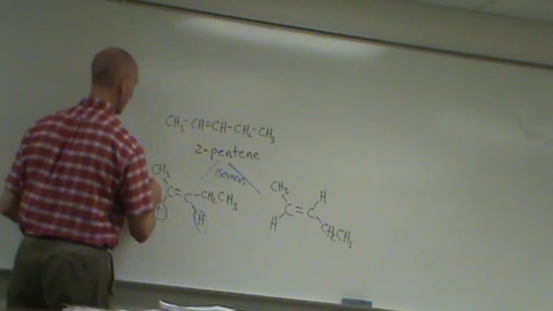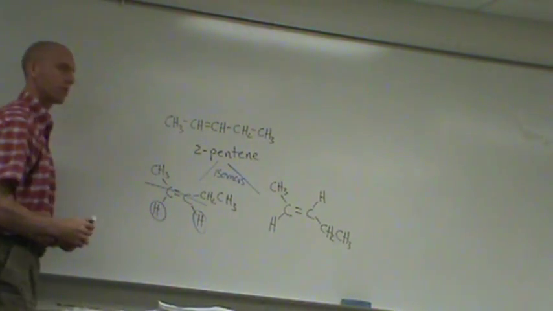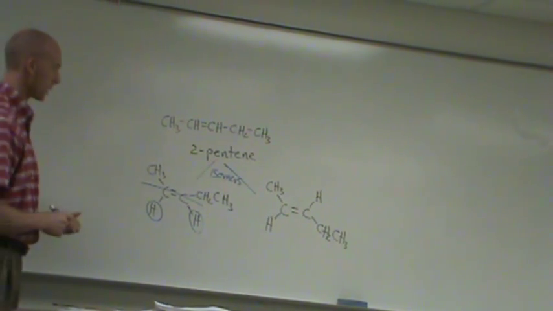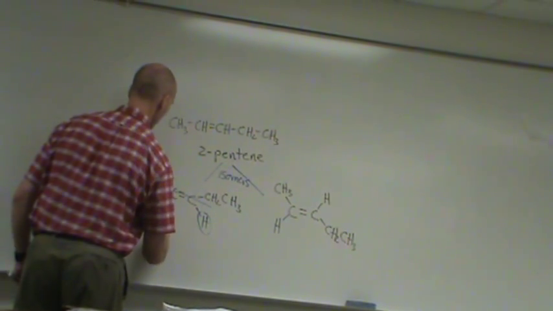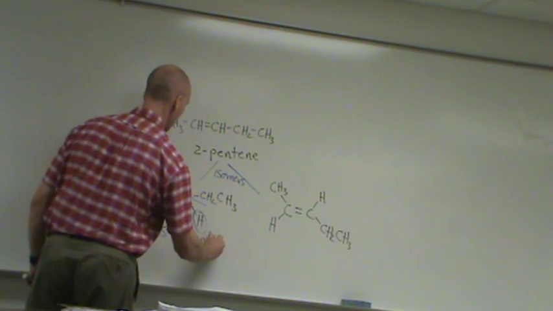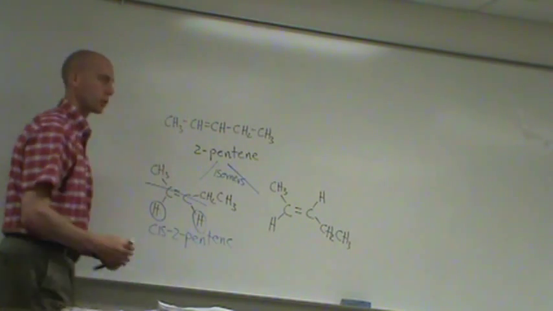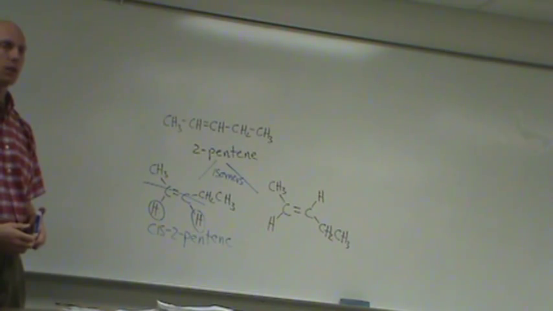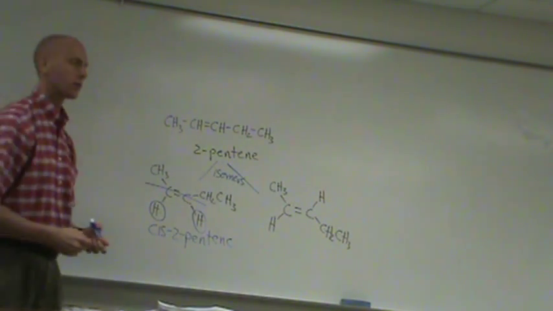Then I draw a line through the double bond. Those 2 groups are what? On the same side, and so this is the cis 2-pentene. Cis, same. What do you think the other one's called? Trans.